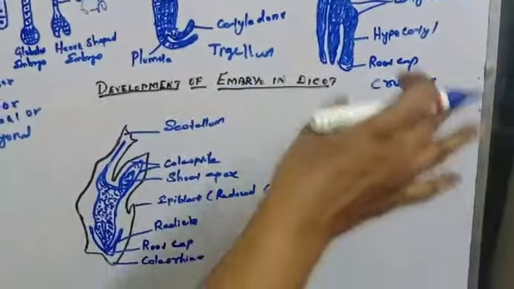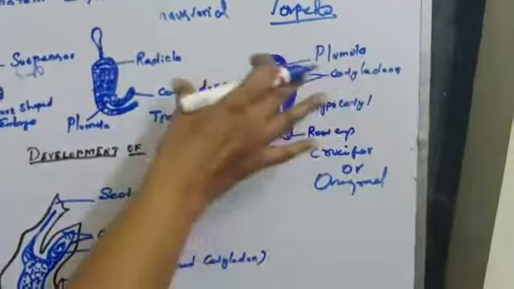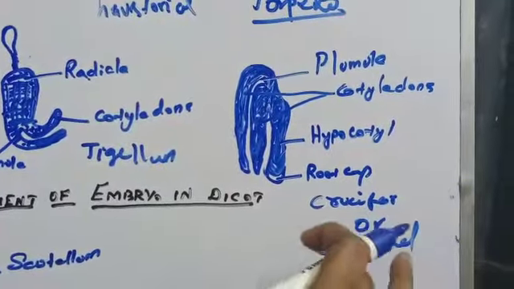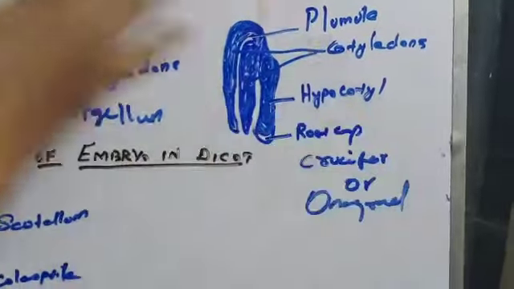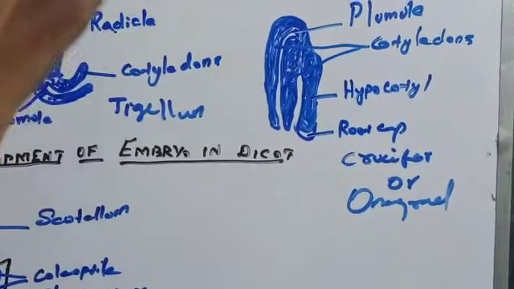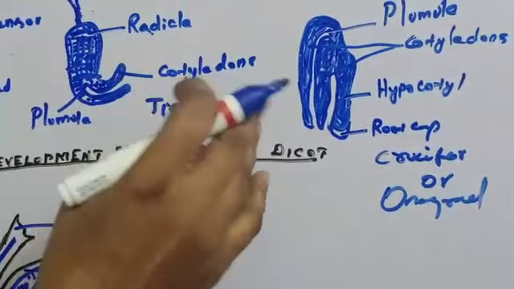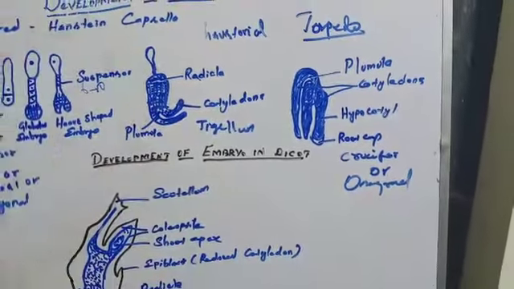This is the most common type of embryo development in dicots. Crucifer type of embryo development is found in Capsella.